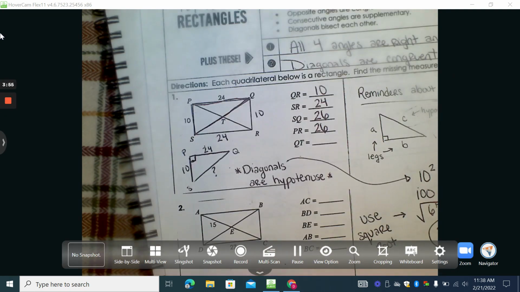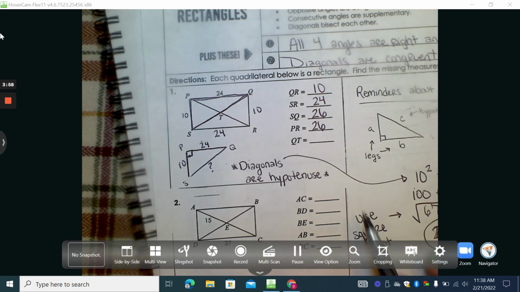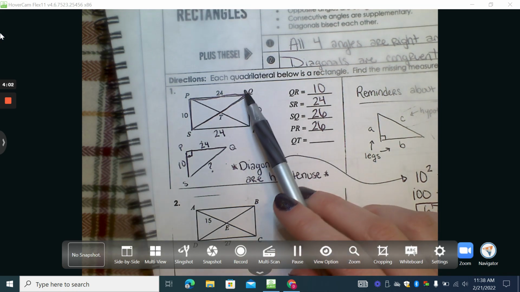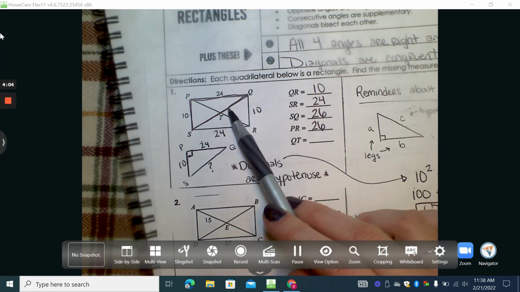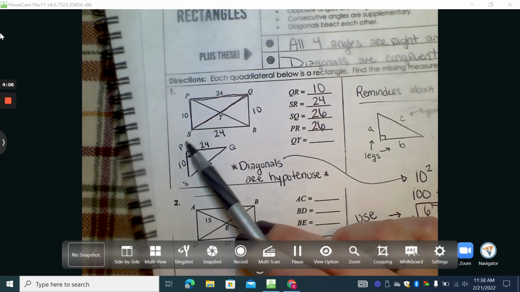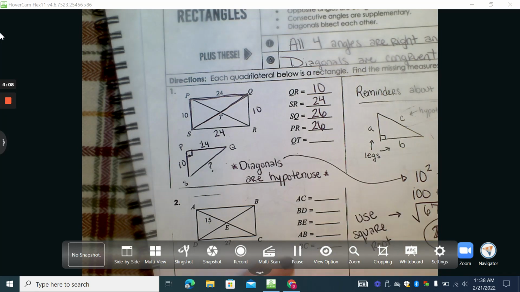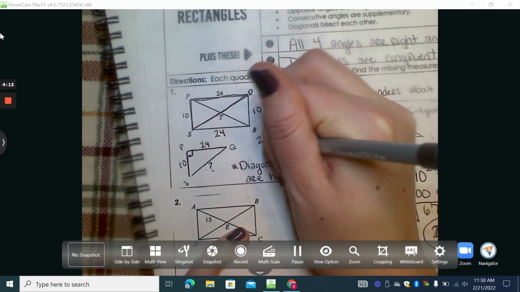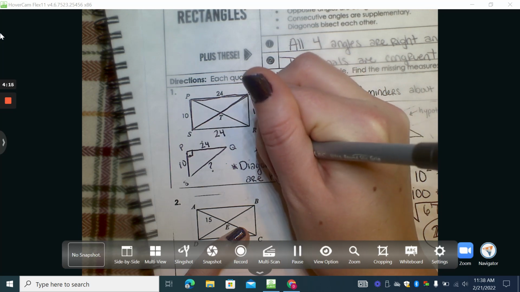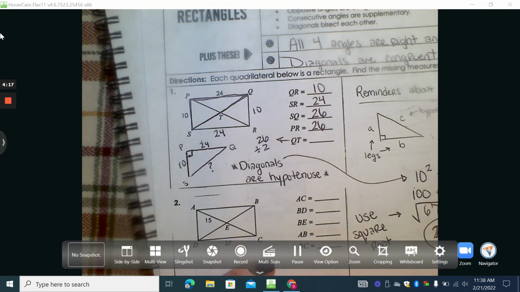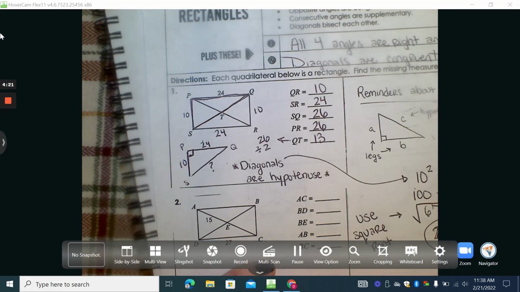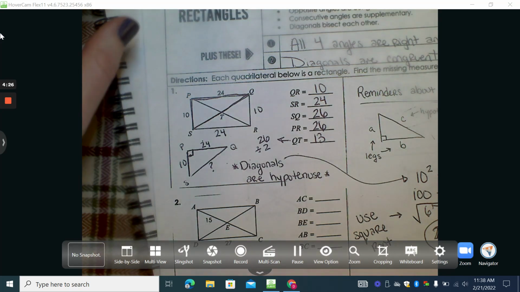They are both 26. This last blank right here is asking the distance of Q to T. Well, that is just half my diagonal. If Q to S is 26, all I have to do is take 26 divided by 2, which is 13, because that is half of my diagonal. And so then those are my answers for number 1.